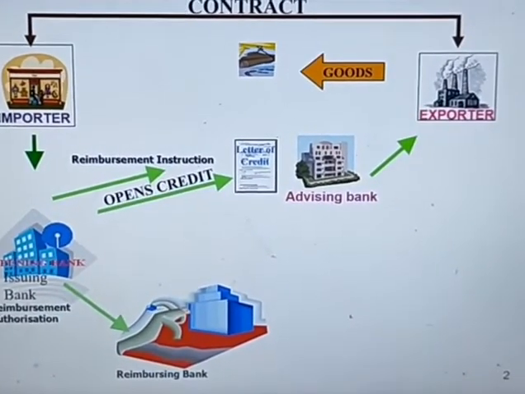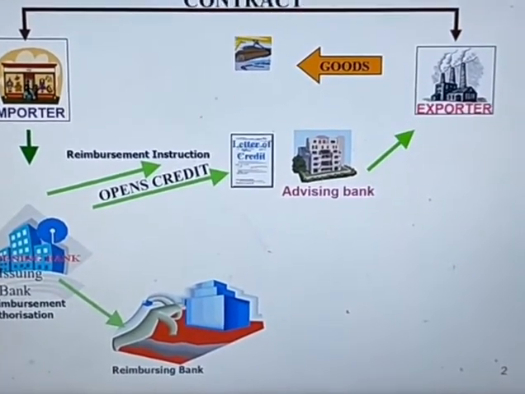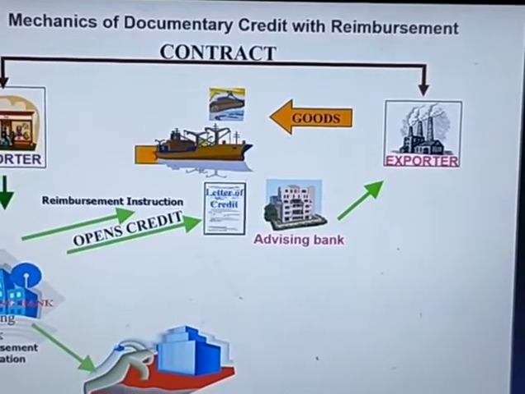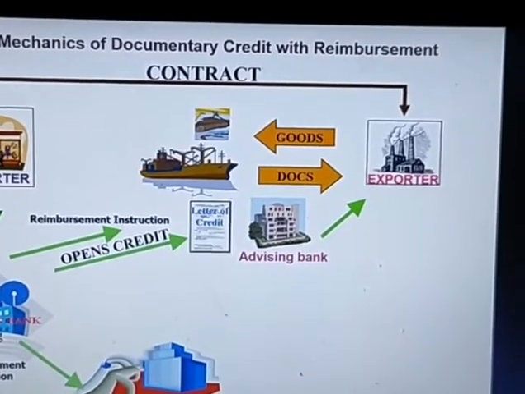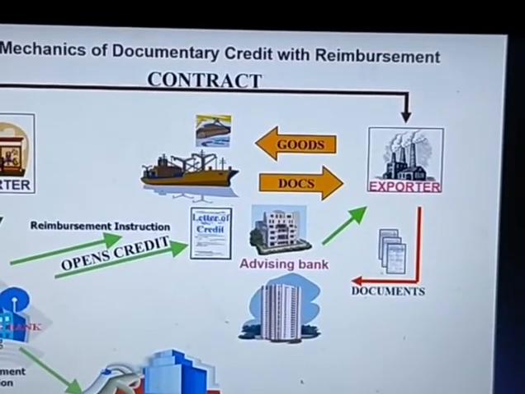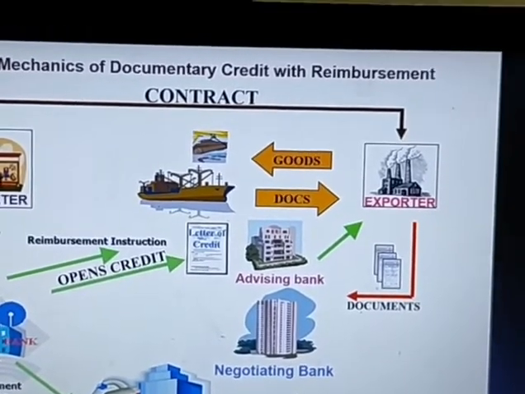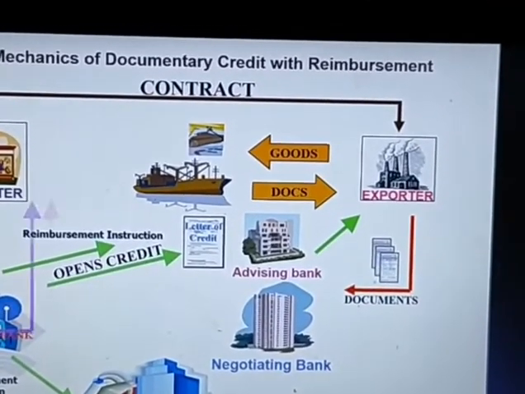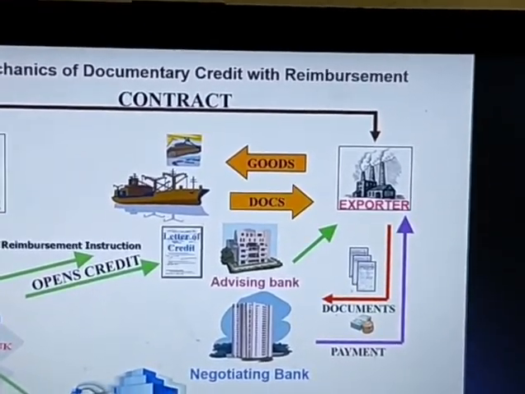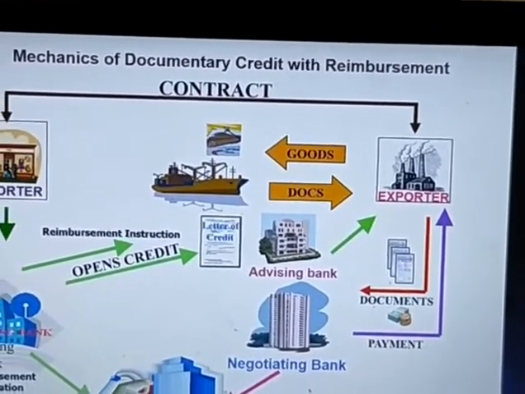Then the exporter will ship the goods. Thereafter he will take the documents. Then the documents will be given to the negotiating bank, and he will take the payment from the negotiating bank.